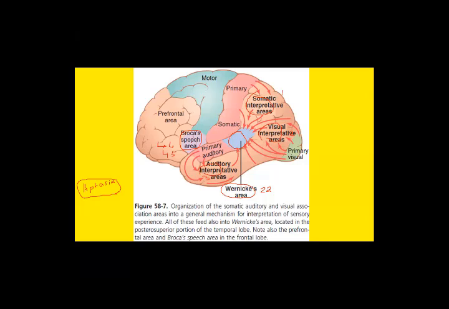That is why we call it the motor speech area. Remember, Wernicke's area and Broca's area are both connected with the help of a fasciculus known as the arcuate fascicle. Arcuate fascicle is the bundle which connects Wernicke's area with the motor speech area, Broca's area.